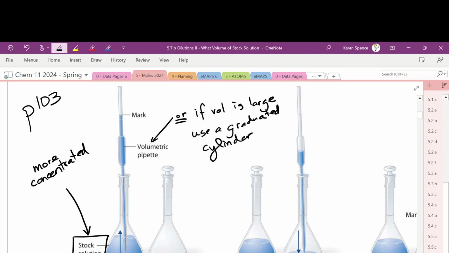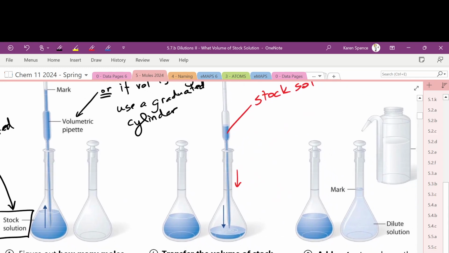And then what you'll do is you will take your stock solution and it goes into, what do we call this piece of equipment here? That is a volumetric what? Flask. So you put your stock solution into the volumetric flask.